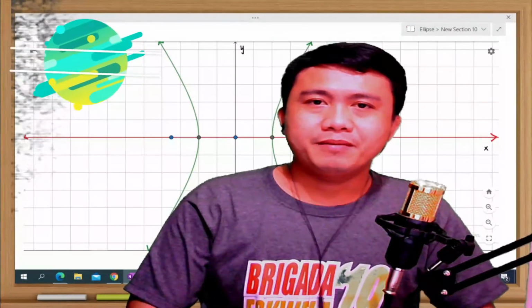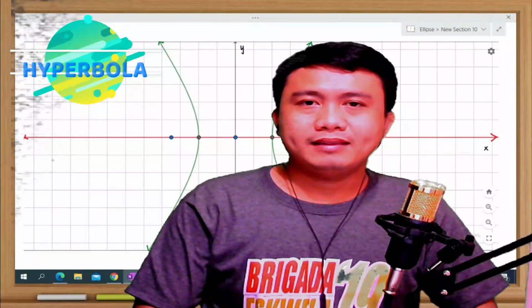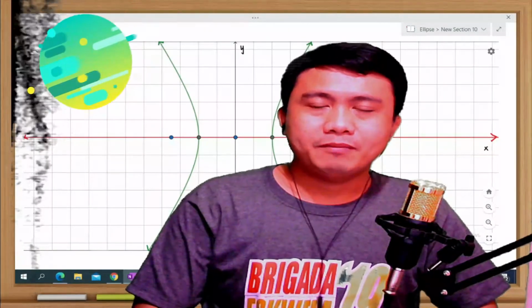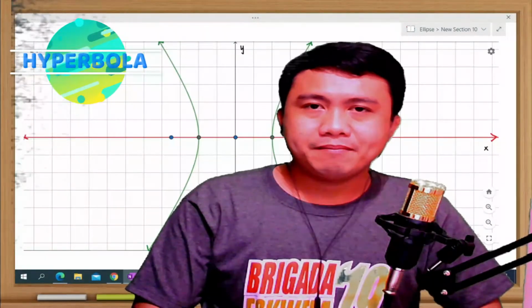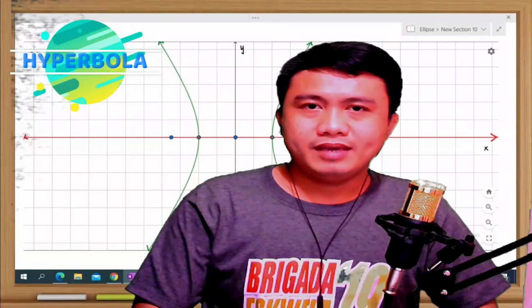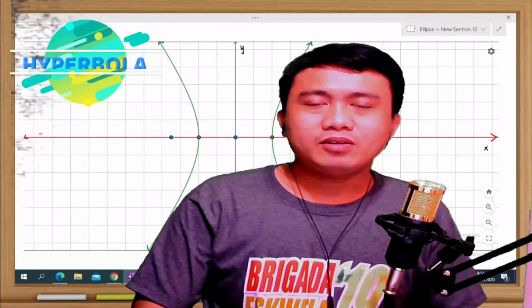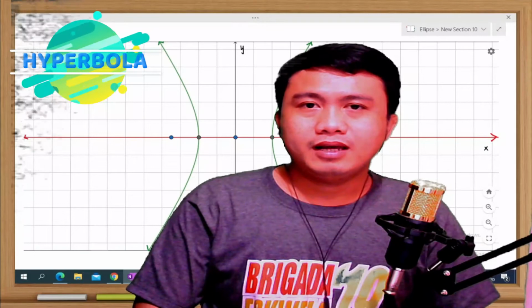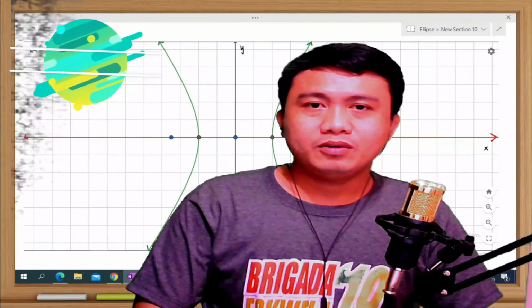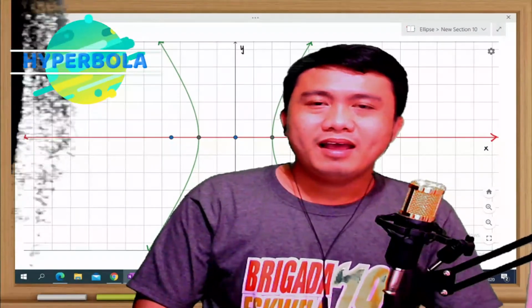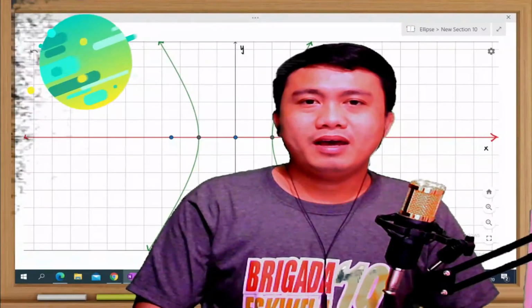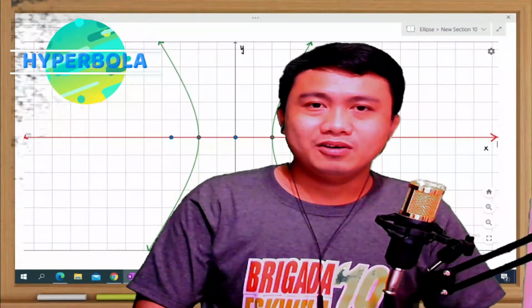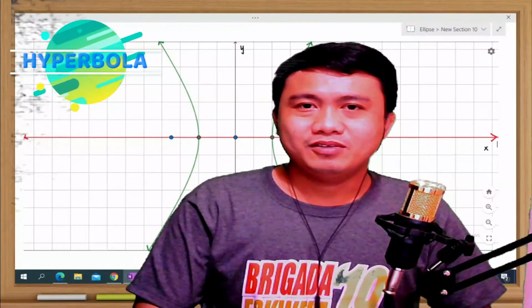We have the hyperbola. Kakatapos lang natin sa ellipse at ngayon papunta na tayo sa other type of conic section, which is the hyperbola. Actually, may similarities po itong hyperbola at itong si ellipse. Kaso nga lang, baka itong similarities na ito ay mag-cause ng kalituhan sa inyo, lalo na sa equations nung dalawa.